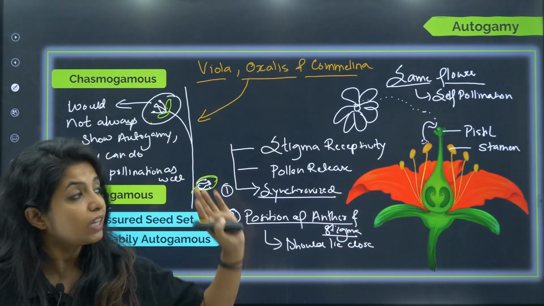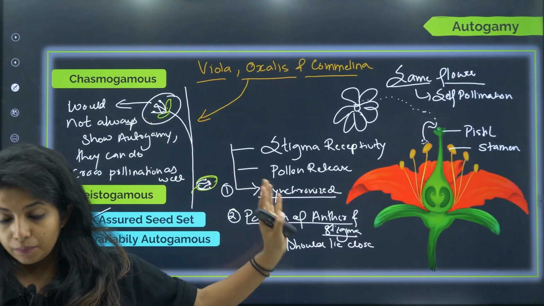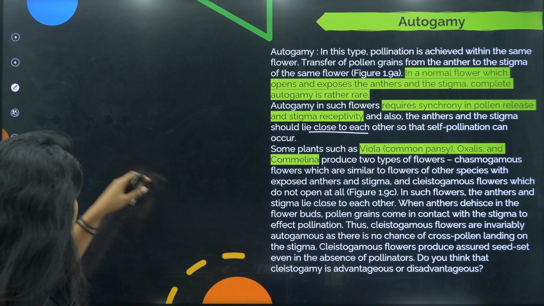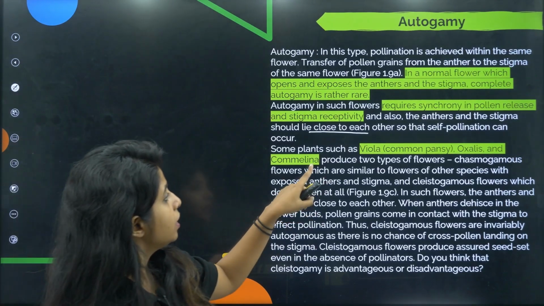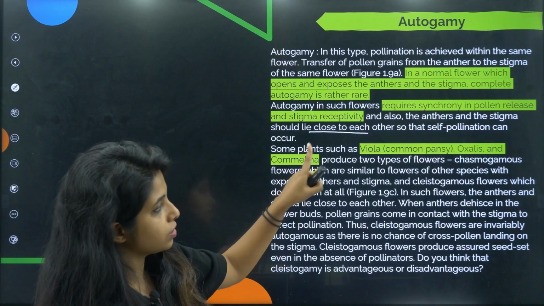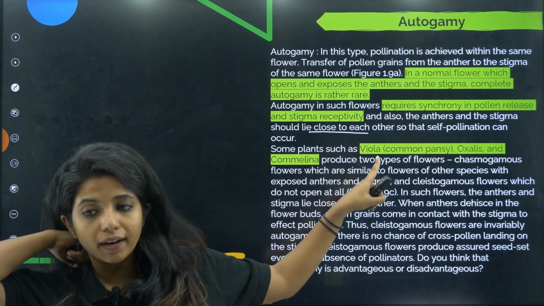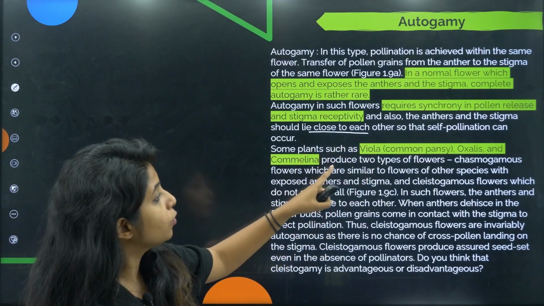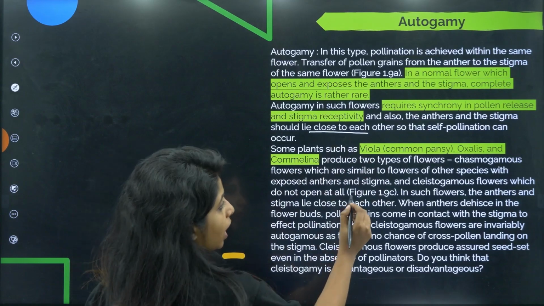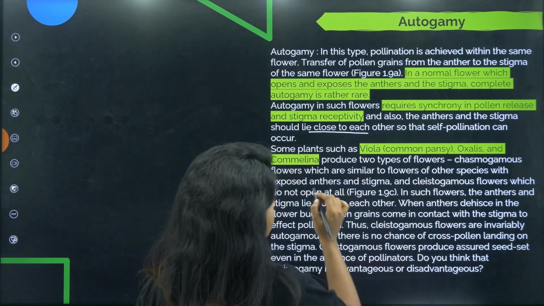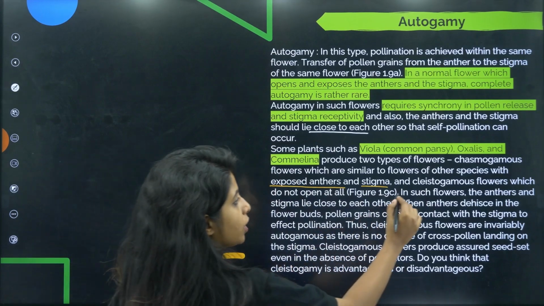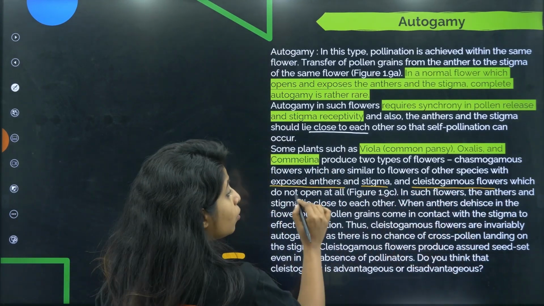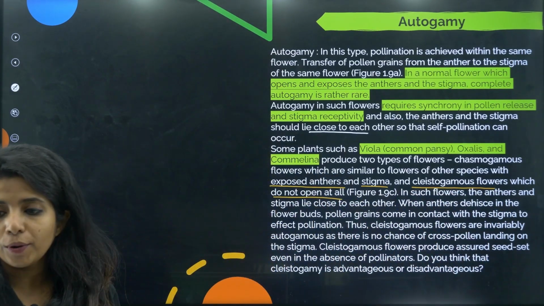Okay. So, basically, children, these plants, that is viola, oxalis and commelina, are going to produce two types of flowers. One is chasmogamous, which are similar to the flowers of other species with exposed anther and stigma, and the next one is clistogamous flowers, which do not open at all.